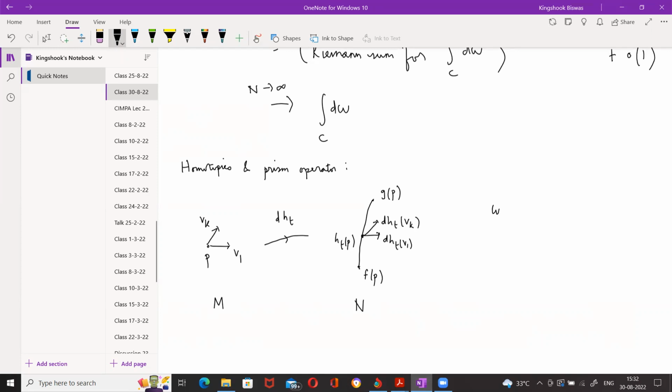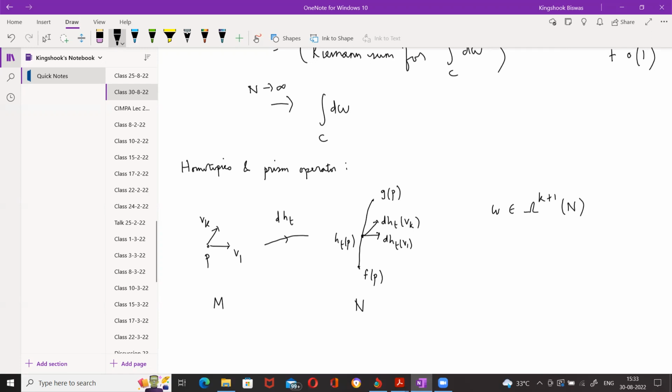Okay. Now what do I have? Omega is a k plus 1 form on N. So omega has to act on k plus 1 vectors. So here I have k vectors, dht v1 up to dht vk. I need one more vector, right? What is that extra vector going to be? What is the last vector going to be? Any idea?